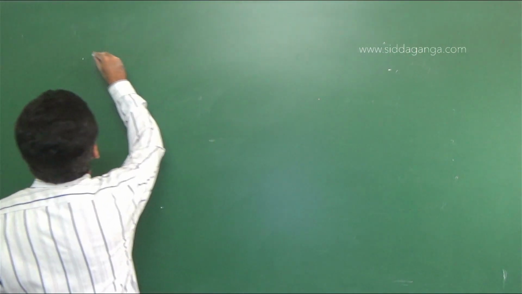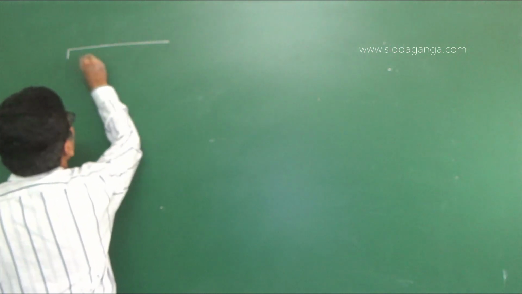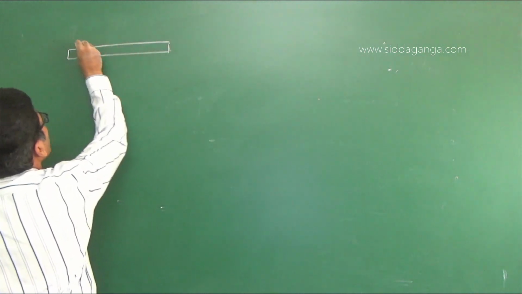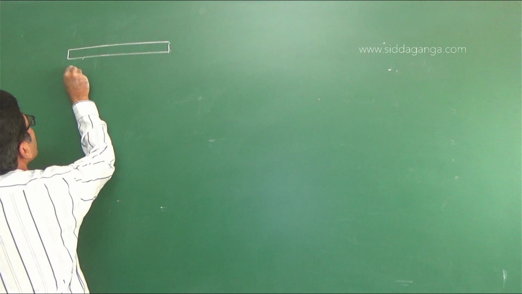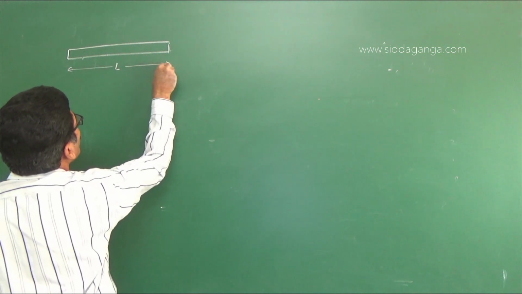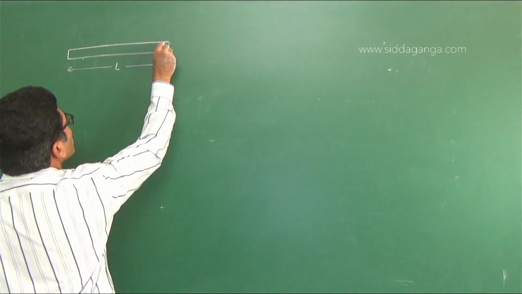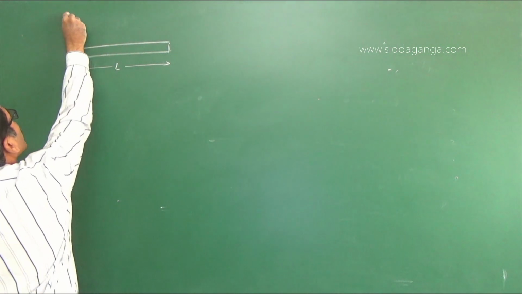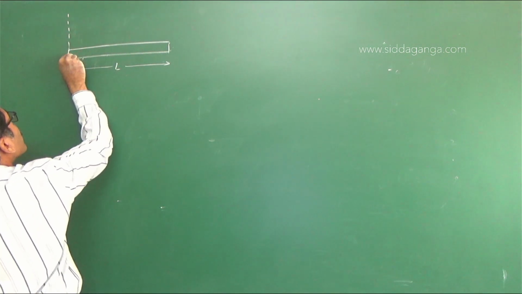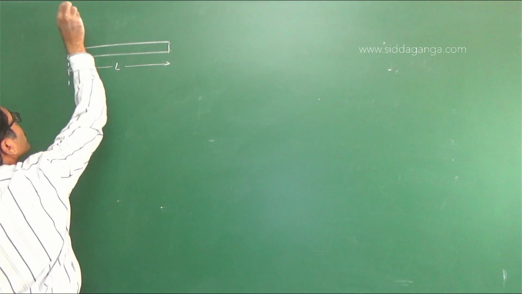So let me consider a rod. This rod is of length L, mass m, and you have to find out the moment of inertia about this axis.